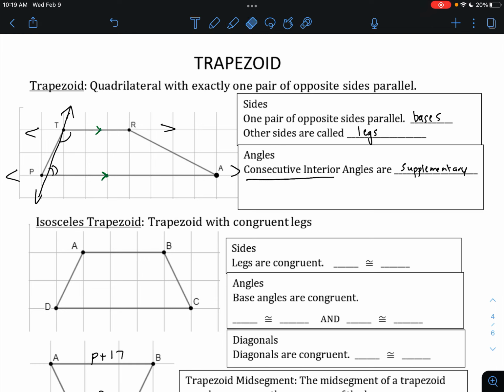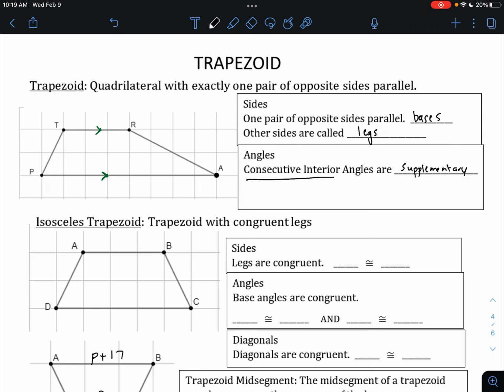But that's a lot to write down every single time. So I'm going to give you all an easier definition of consecutive interior, so we don't have to draw those arrows every single time. Consecutive interior angles are angles that share a leg. So, for instance, the leg TP has angles T and P on it, so those angles are supplementary. Same thing with R and A. R and A are supplementary angles.